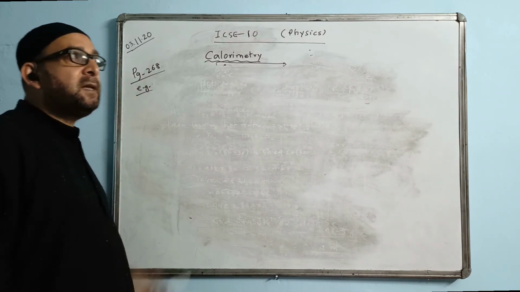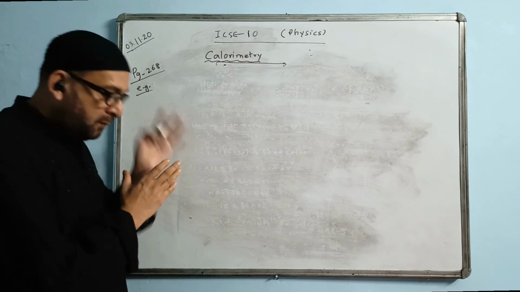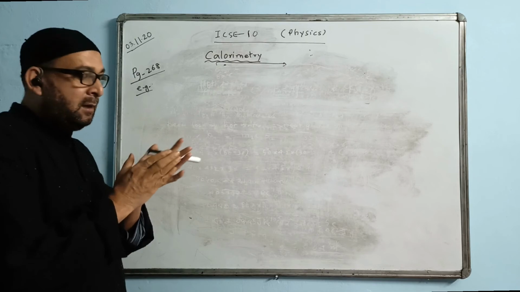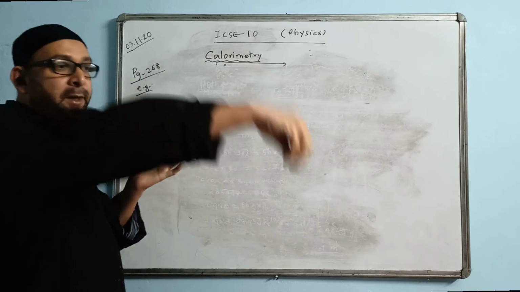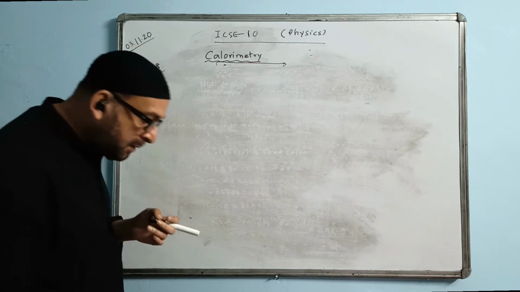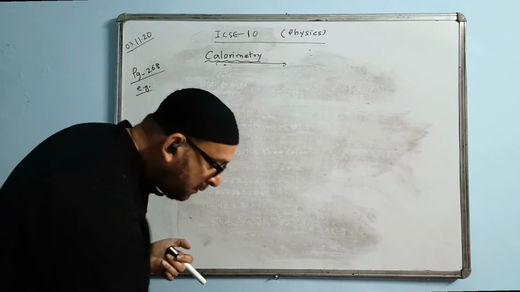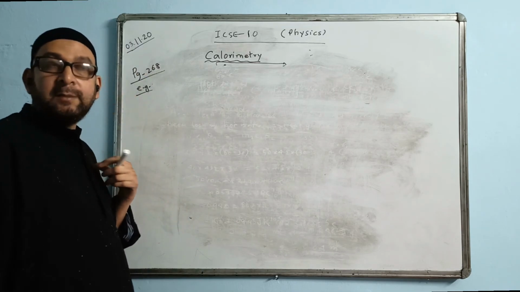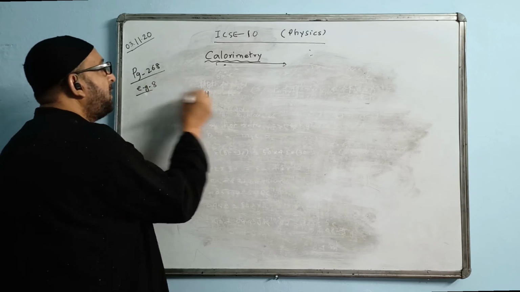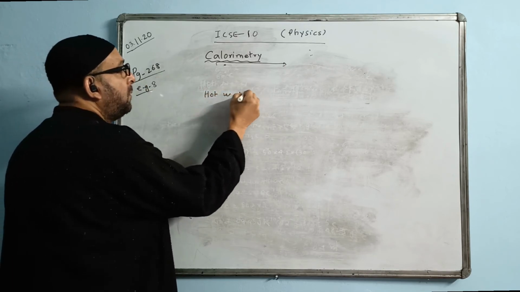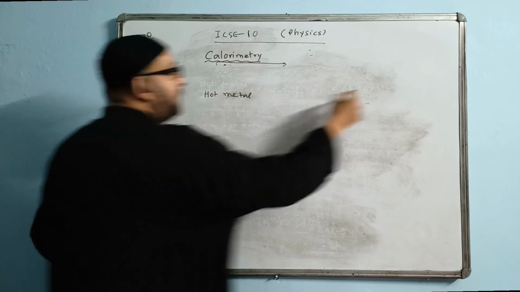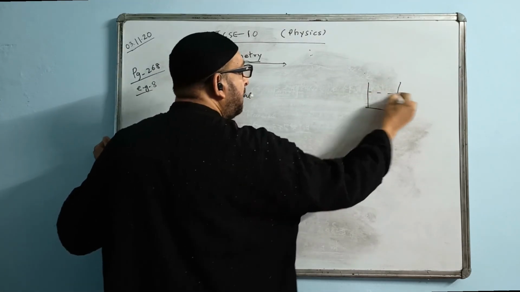This time the question says there is a metal. We are heating it till its temperature becomes 100 degrees Celsius. That metal we put in a container, a calorimeter, which contains water. The temperature of the water given is 20 degrees Celsius, so that water is the cold water. Let us write down the information. This is example 8. We have hot metal, and this side we draw a calorimeter containing some water.